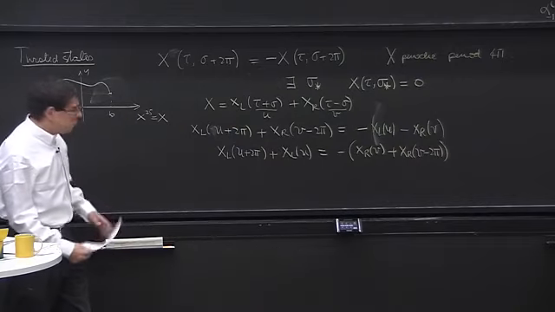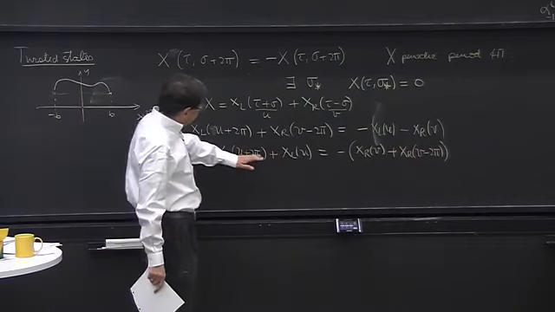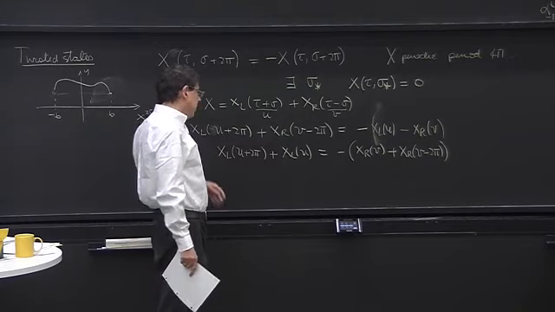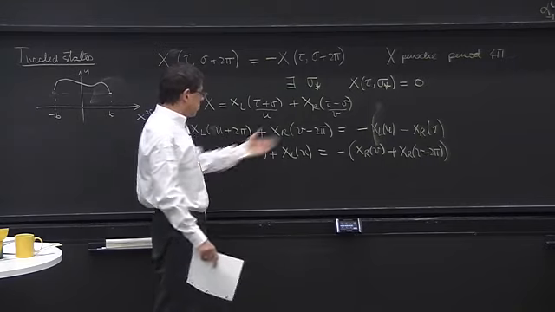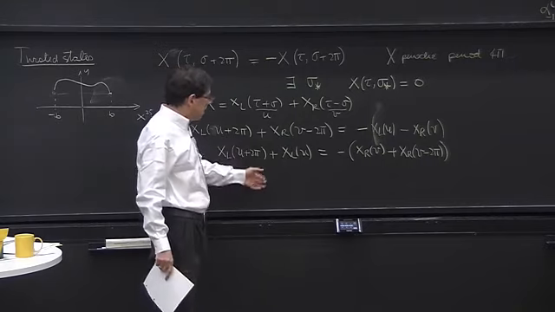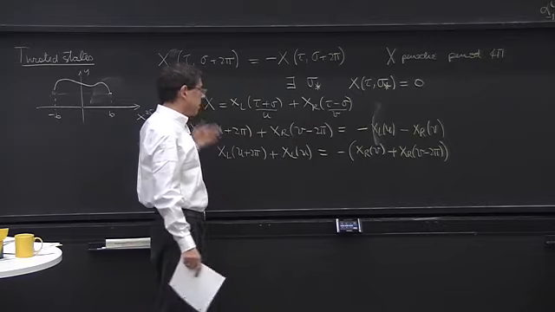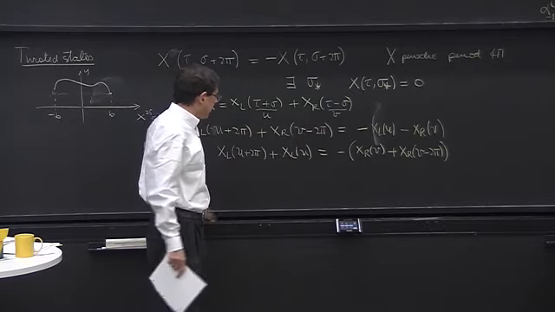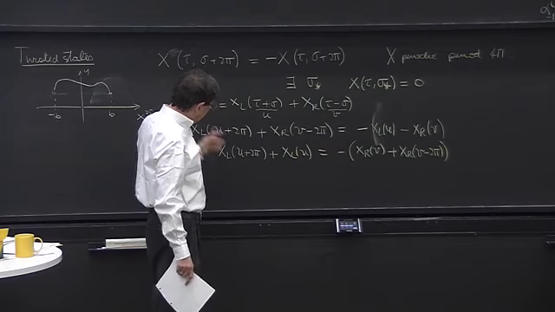Well, still, we used to say that u and v are independent variables, so if those two things are equal, this must be a number, and that must be a number, and they must be one the negative of the other. And what do we see here?